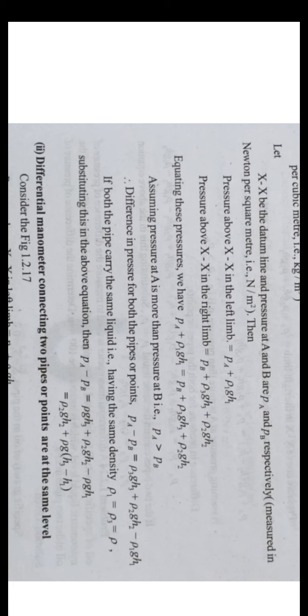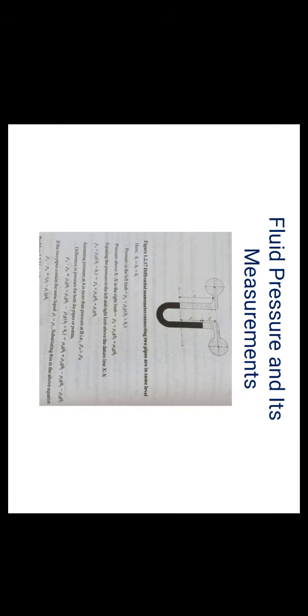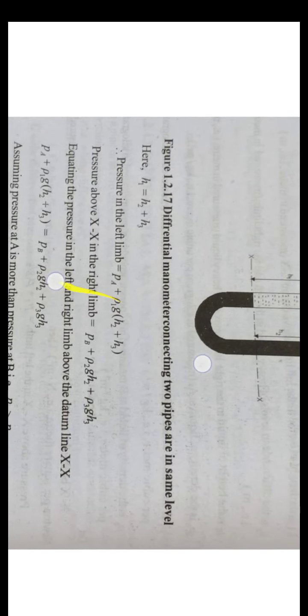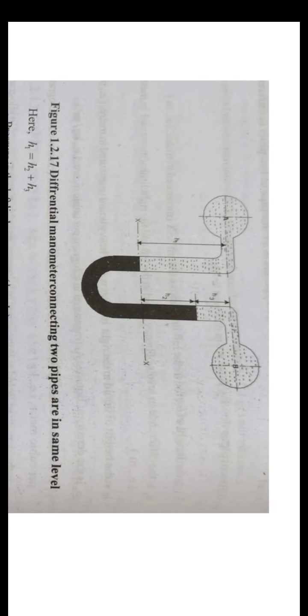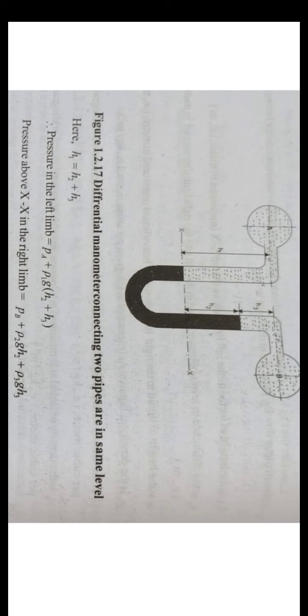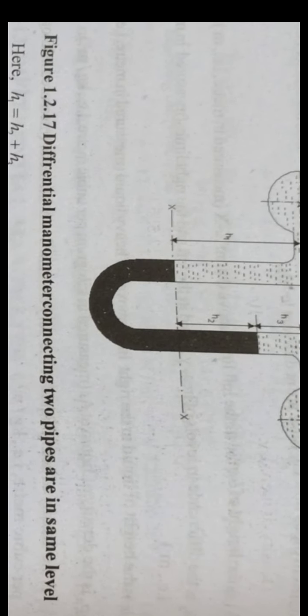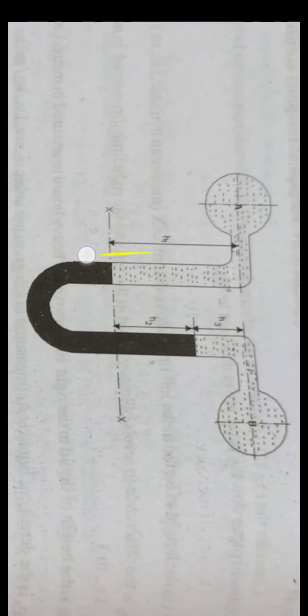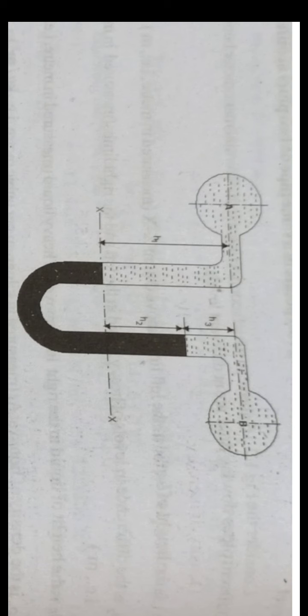First one was pipes at different levels. Now the pipes at the same level. Now you see the diagram. The pipes are at the same level; the centers of the two pipes are at the same level. You can see the height of the liquid column from the datum. The datum is taken as the bottom level of separation between the liquid in the pipe and the manometer.